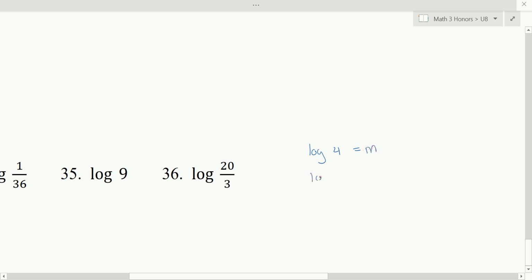And log of 6 is n? True? Okay, so I need to get this 20 over 3 somehow, and just in terms of 4 and 6 if I can. Any ideas?